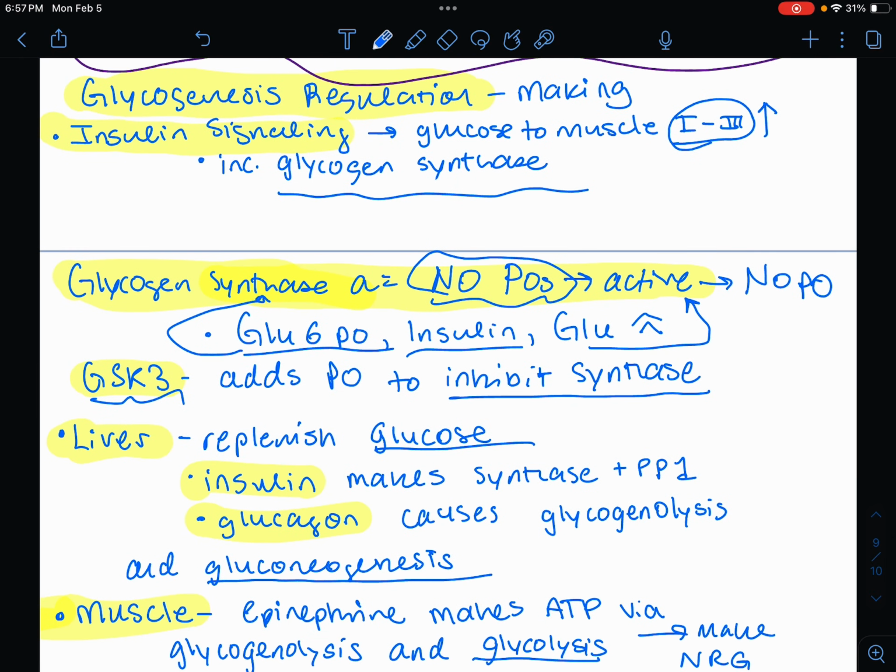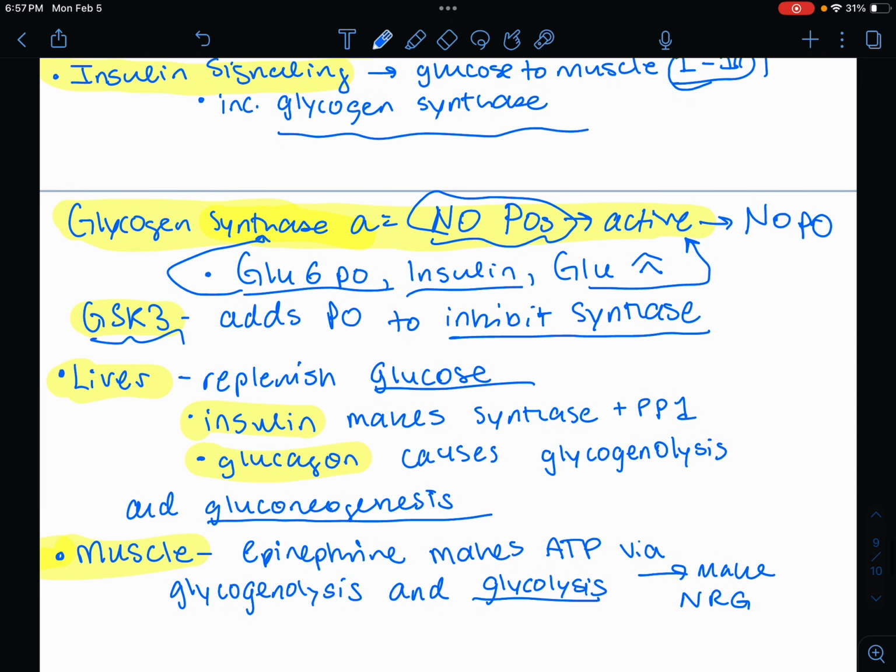However, when we remove phosphates from glycogen synthase, we're actually activating it. The unphosphorylated form is the active enzyme in glycogen synthase. So the reverse is also true. If we have glucagon and epinephrine, that's not going to push forwards into glycogen synthase A.